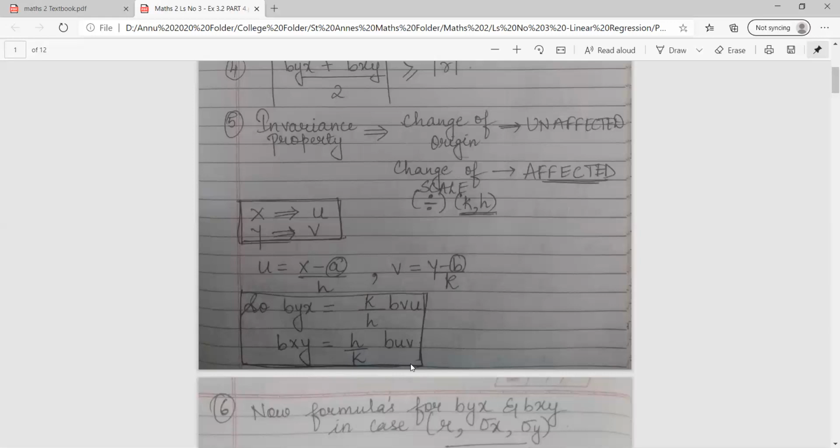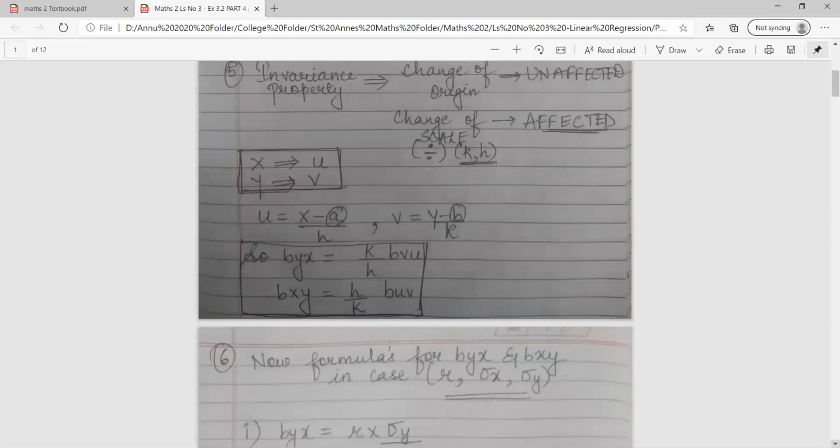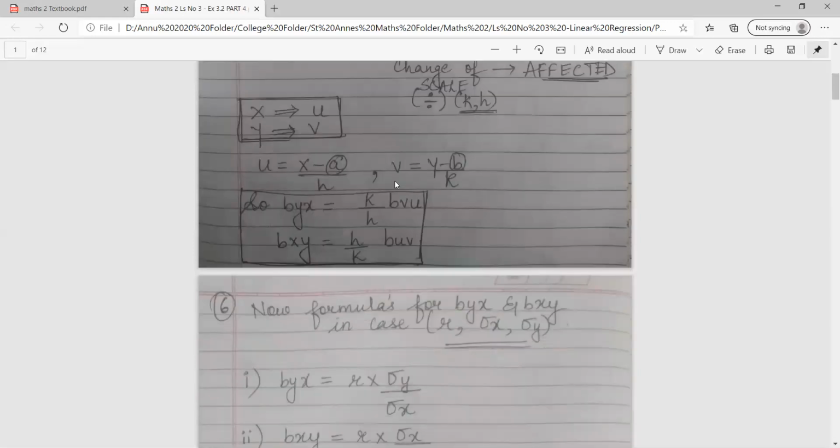So when we are doing change of origin, the regression coefficients remain unaffected. But when we follow change of scale, that is dividing by something, then definitely the regression coefficients are affected. In your textbook, there's a printing mistake as both the formulas include the same K upon H. So you can just take note of it and make the corrections.